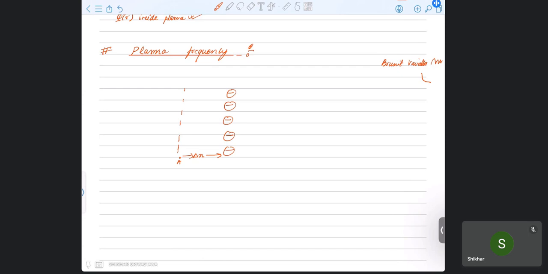So you form some sort of slab. Just imagine. Because you have displaced electrons, positive charge will naturally appear here because they are deficient of negative charge. Okay. So what is happening is that, let's make another slab.